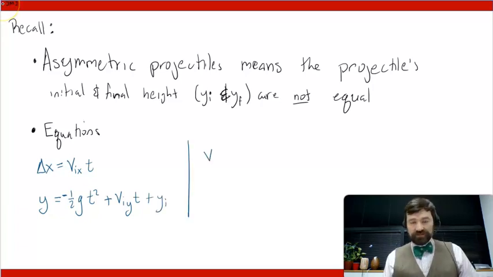The other equations are how to split the initial velocity into the initial x and initial y components. You are just using cosine and sine of your initial angle to get those two terms.